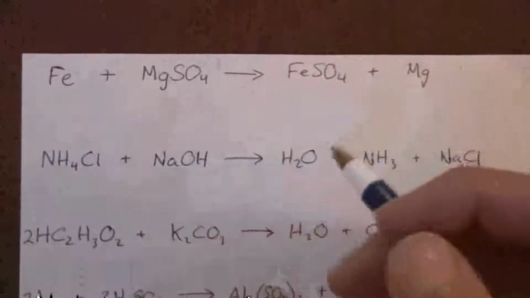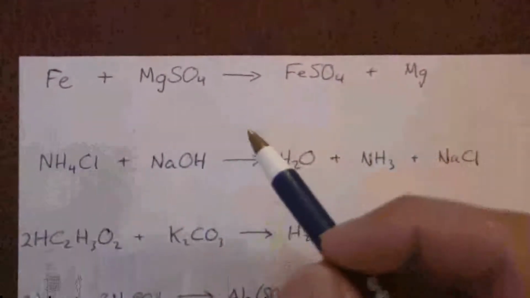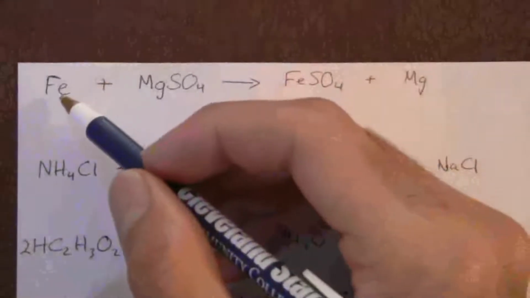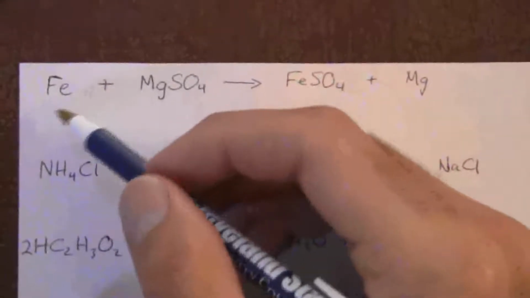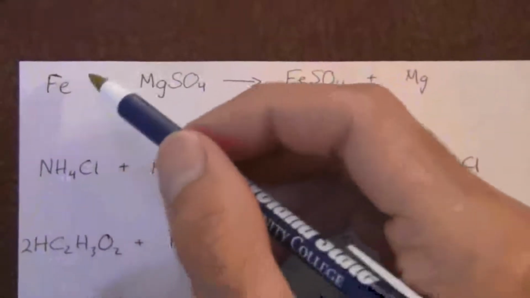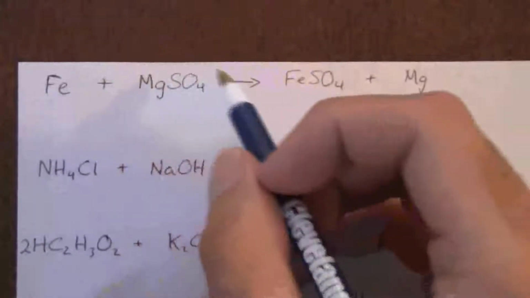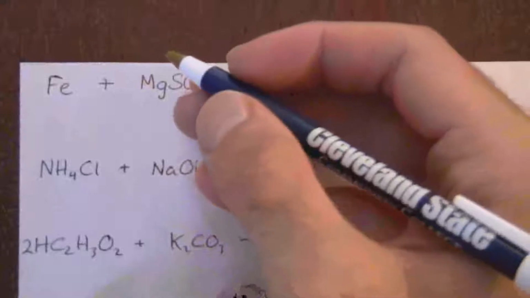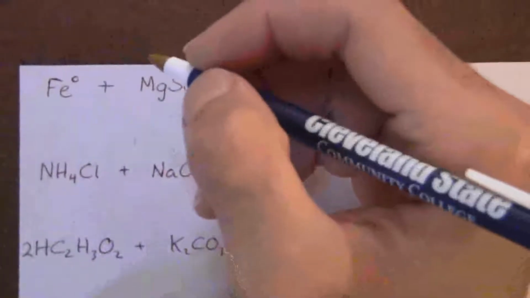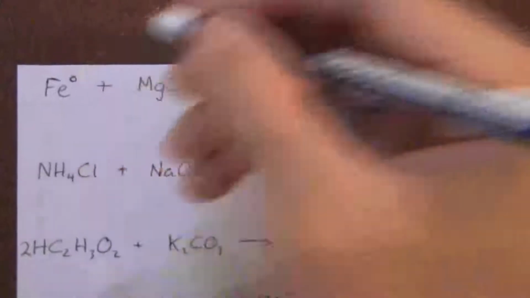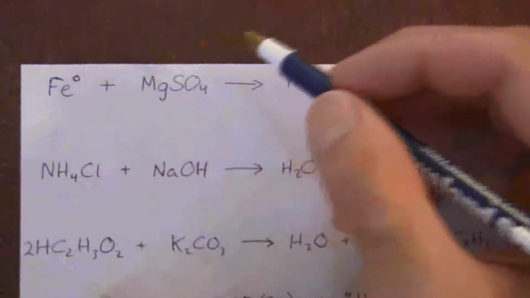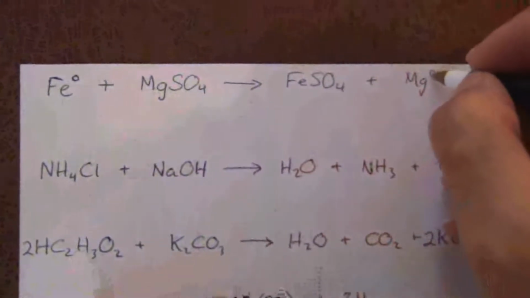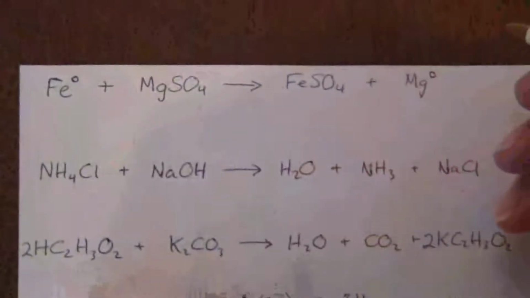So we know that this has to be a redox reaction, because when iron, or any element, is in its elemental form, in other words it's uncombined with any other element, it always has an oxidation state of 0. So both the iron and the magnesium have a 0.